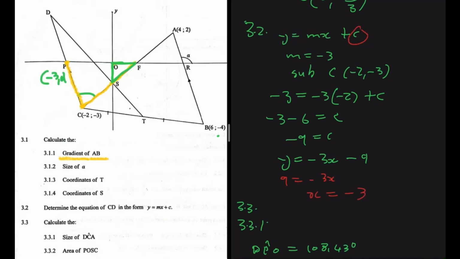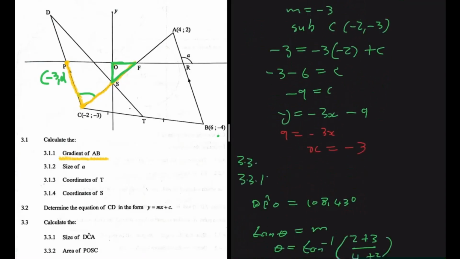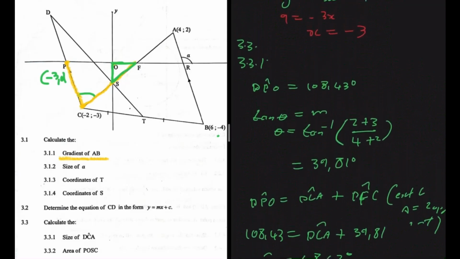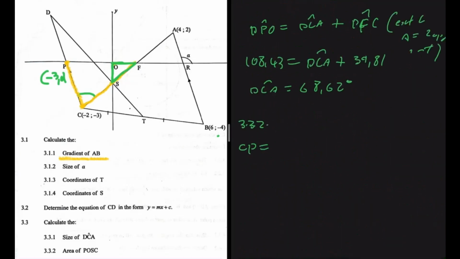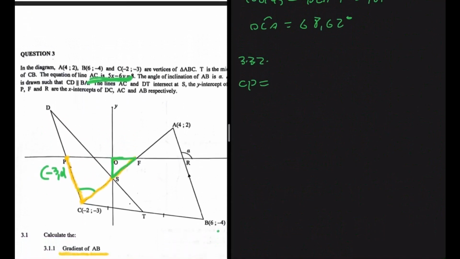And then which other one do we need? We also need the coordinates of F, right? We have the y coordinate of F is 0, and we are given the equation of AC. So let's look at the equation of AC. The equation of AC is given as 5x minus 6y is equal to 8.